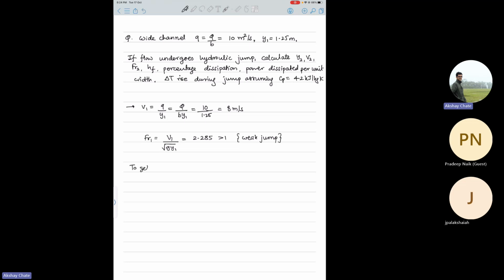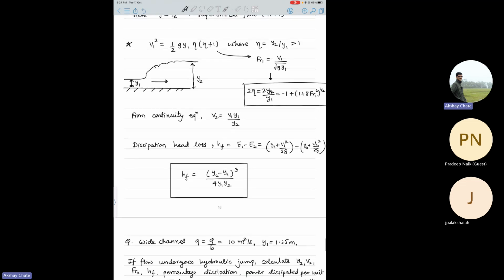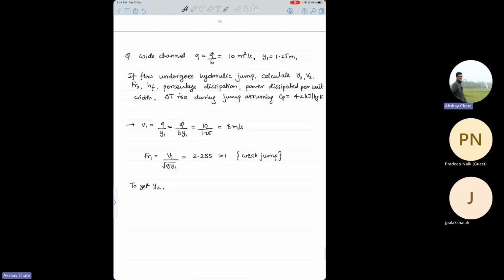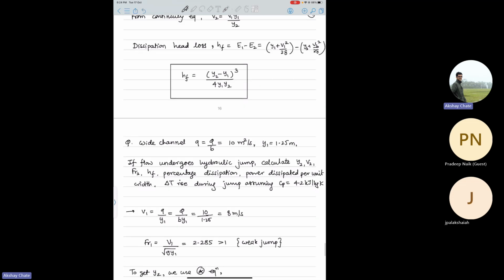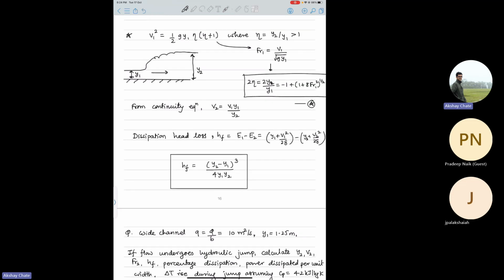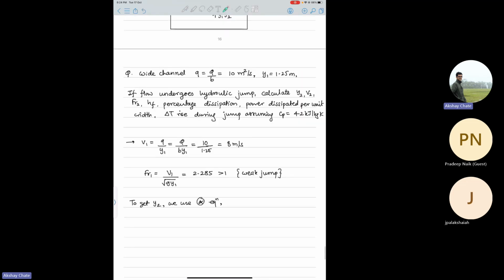To get the y2 value, we have to use this expression, which, let's say, I mark it with a star. In this equation, basically you have to put the upstream Froude number and y1 value to get the y2 value.